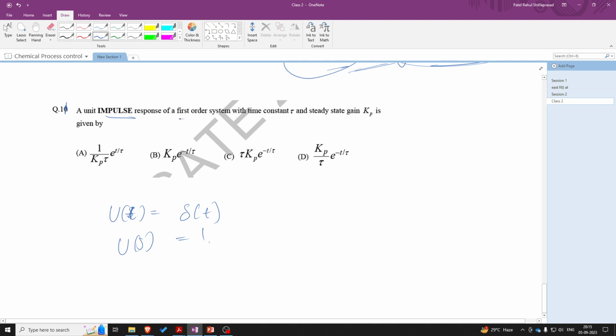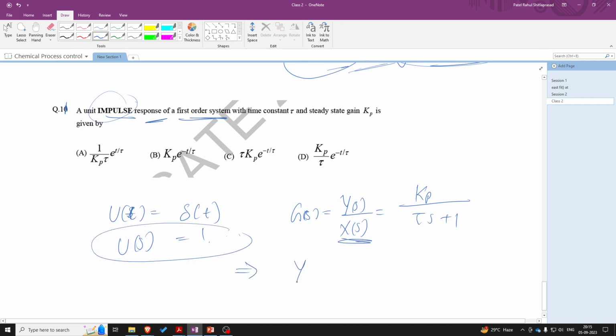And for the first order system, the transfer function, that is g of s is equal to y of s upon x of s, we write it as Kp upon tau s plus 1. Now in this question, we have been asked to find the response of a first order system corresponding to this impulse input. That is, we can replace this x of s by this input, that is 1.